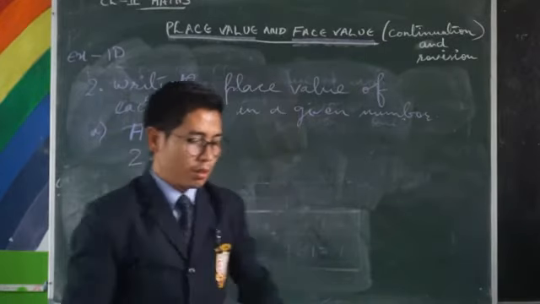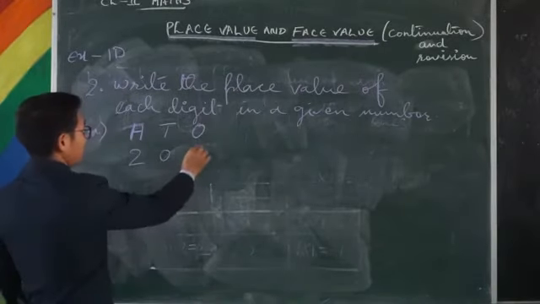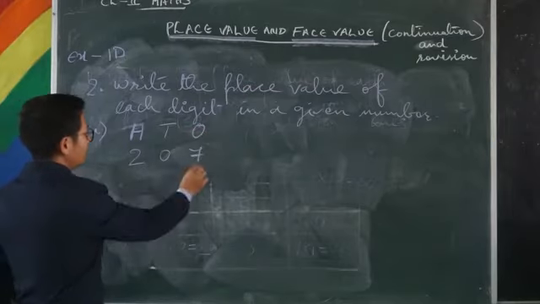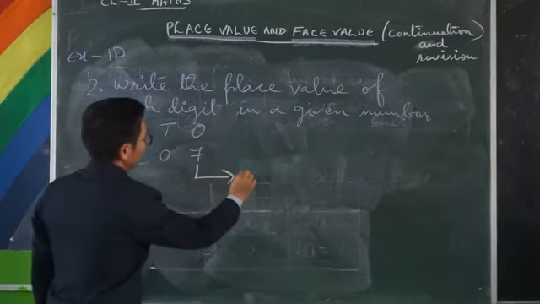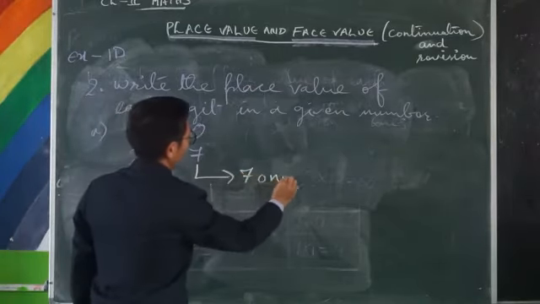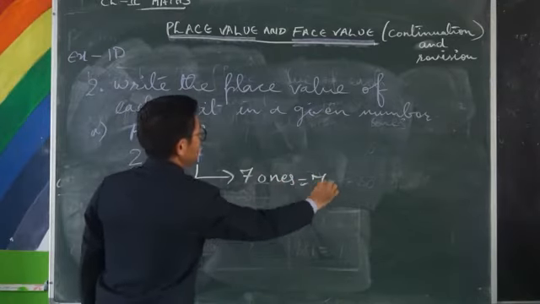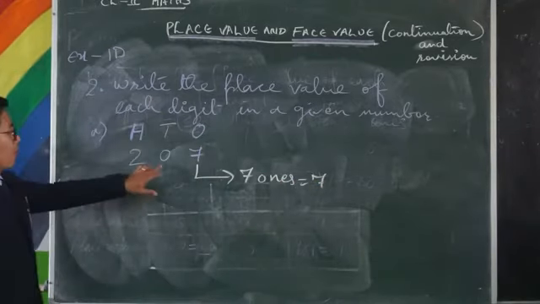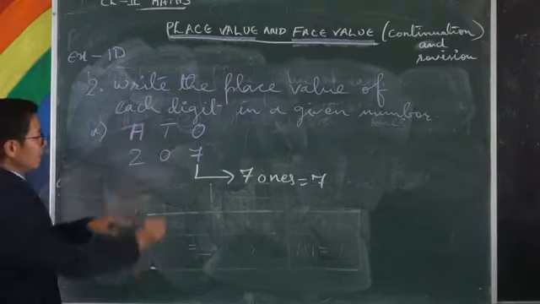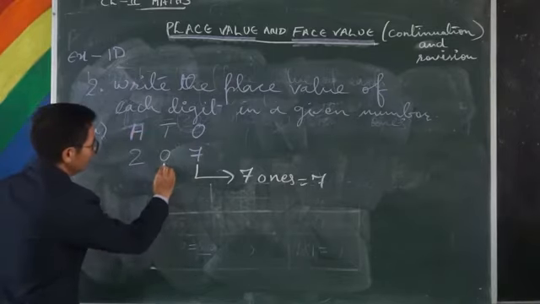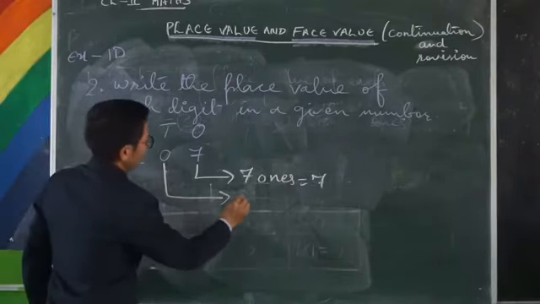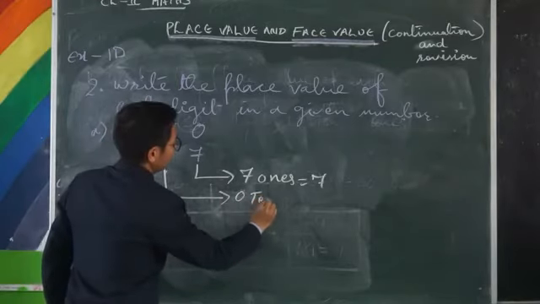Now, as you can see, 7 is in ones position. That's why it is 7 ones. It is 7. Okay. Now 0 is in which position? Tens position. So 0 tens.